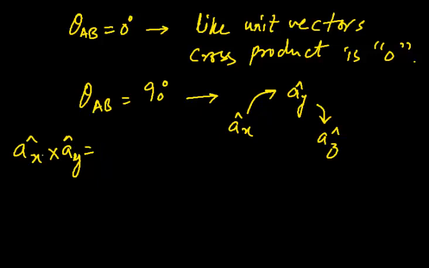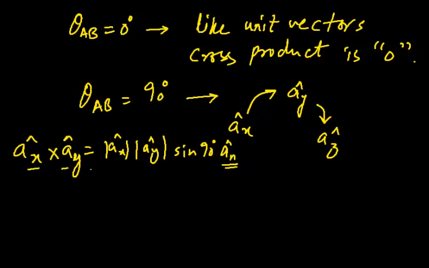So what you do is take the magnitude of ax and the magnitude of ay, and then take the sine of the angle between them, and the sine of the angle between them is again 1. So let me write it: ax magnitude, ay magnitude, sine of theta between ax and ay, where sine 90 is 1, and then you take the normal unit vector an.